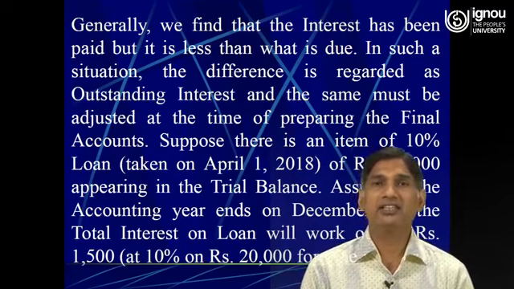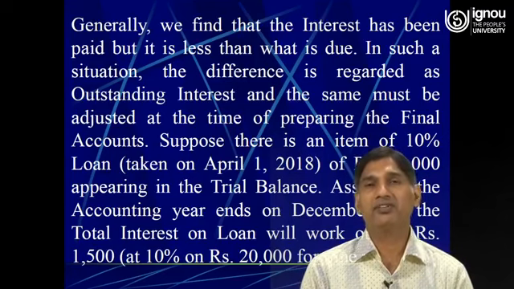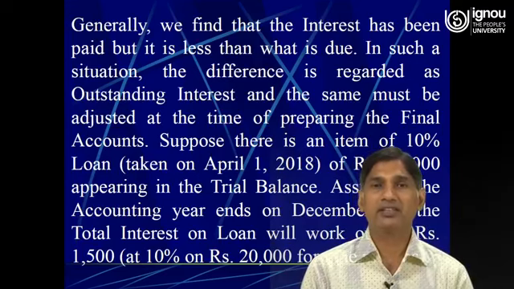Suppose there is an item of 10% loan of rupees 20,000, taken on 1st April 2018, appearing in the trial balance. Here all the relevant information has been provided, assuming the accounting year ends on 31st December.